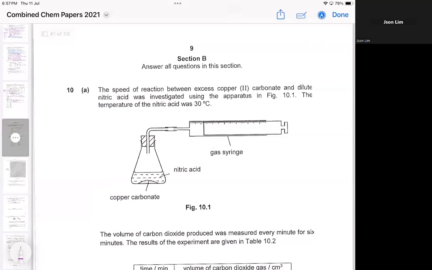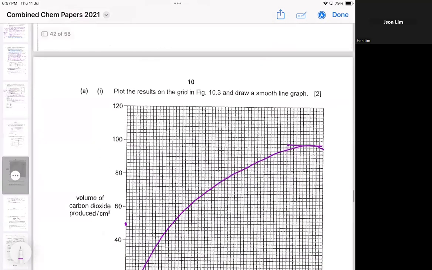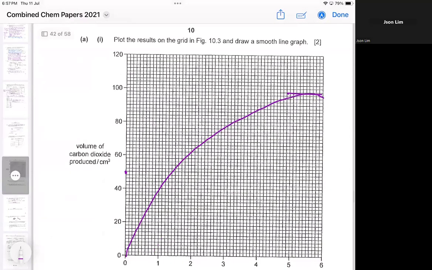Because in this case, you know that there is excess copper 2 carbonate. That means all the acid is used up. So if the total volume is 100, when half the acid is used, that means it's 50 cm cube. So the correct way is to go to 50, and you get roughly about 0.6 minutes.